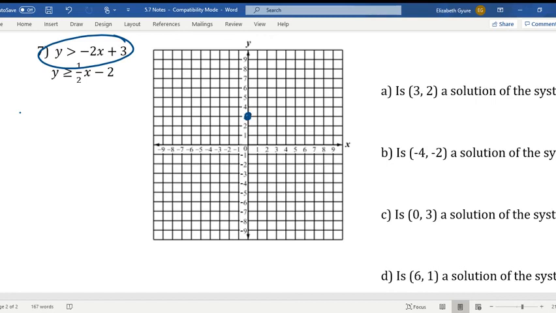What's my slope? Negative 2. Should I count up or count down? Count down 2, right 1. Down 2, right 1. All right, somebody else, solid or dotted line?